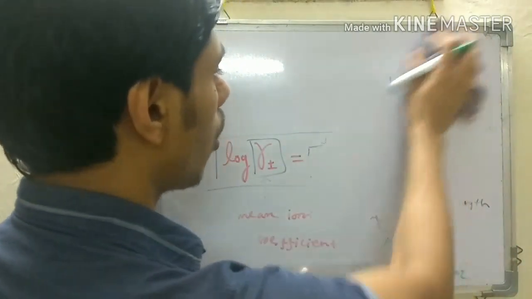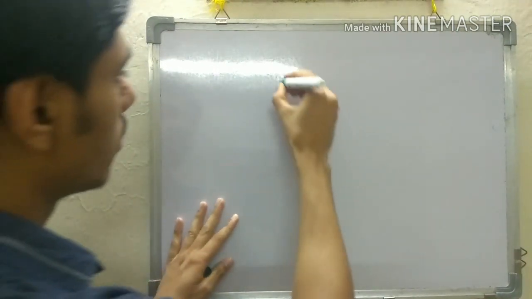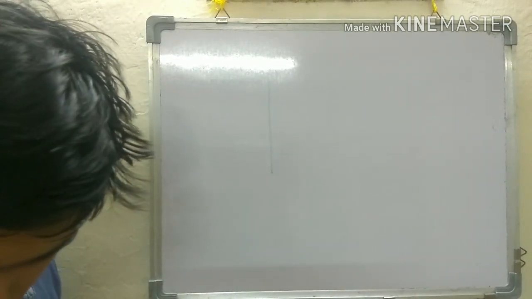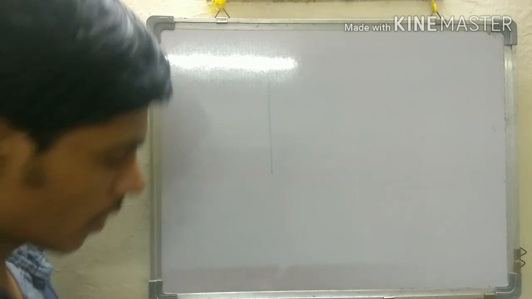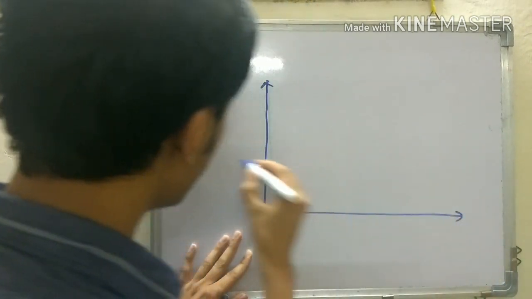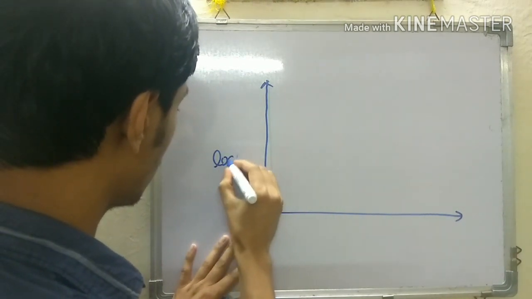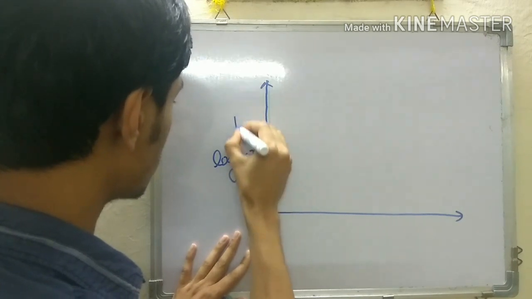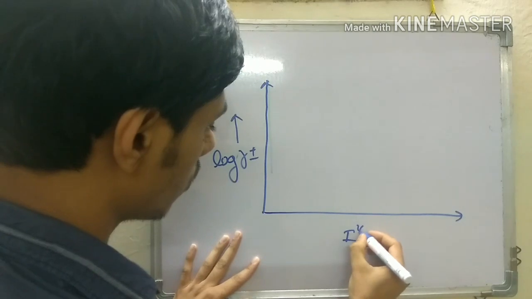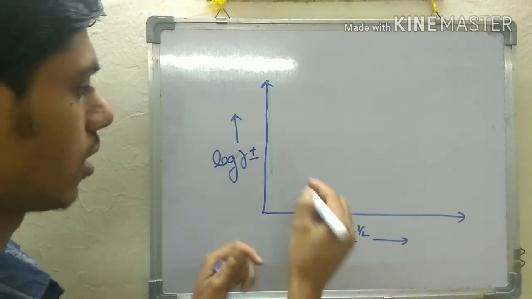So when you plot this log gamma plus-minus versus I, let's say this is your plot. On the y-axis you plot log gamma plus-minus, and on the x-axis you plot I to the power half, that is, the square root of the ionic strength.